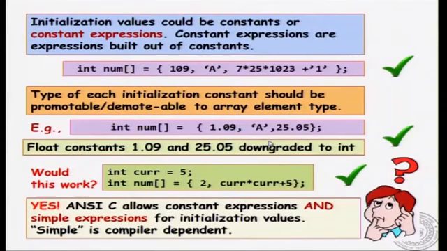ANSI C allows constant expressions and simple expressions for initialization values. Now, simple is of course dependent on which compiler you are using. If you write your code and compile using GCC with such an initialization, maybe your code will compile, and the moment you compile your code with a different compiler, it may not compile. Earlier I had said that the size of the array cannot be specified using variable expressions.